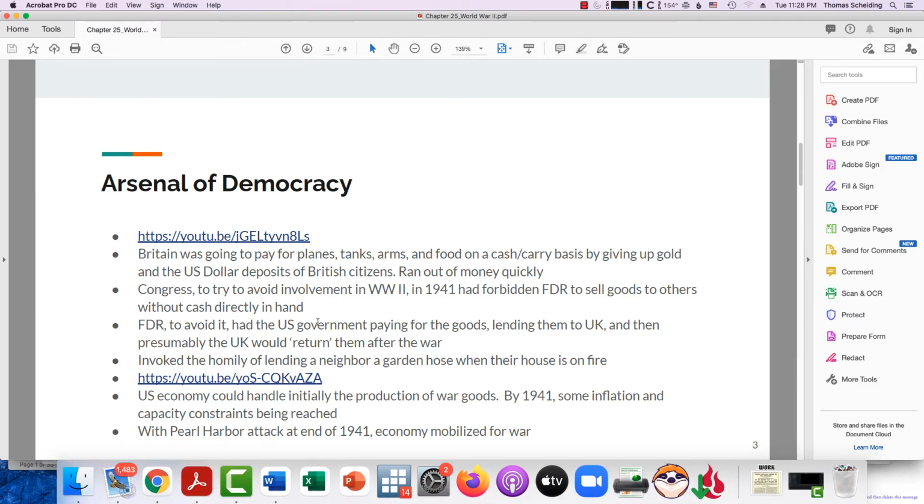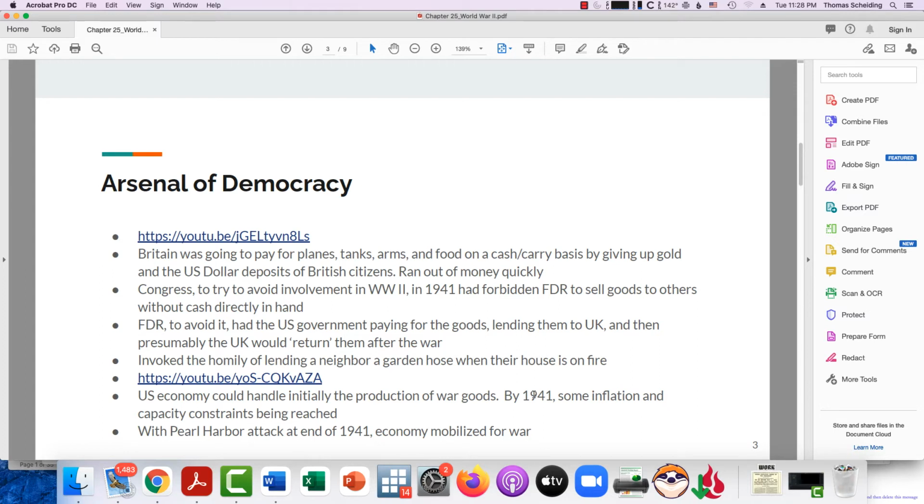Let's go back to this. Fortunately, there had been a depression in the United States, because what it allowed was the United States to basically now produce all of these war goods without reaching any capacity constraints.